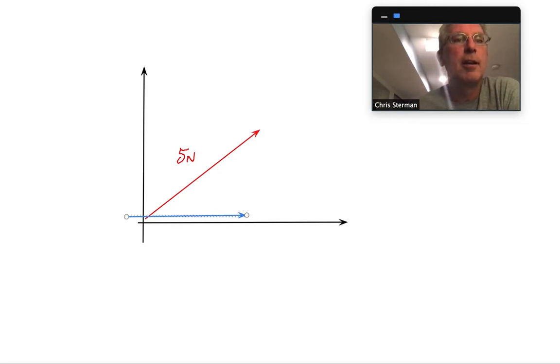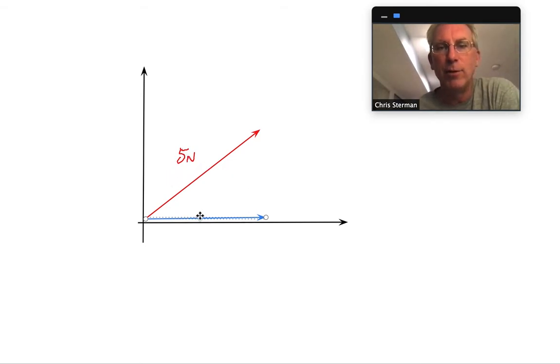Okay. Now, let's see if I can drag it. Yay, I can. Okay, so now I have the x part of my 5 newtons. And now I have to get my y part of my 5 newtons. So let's see here.